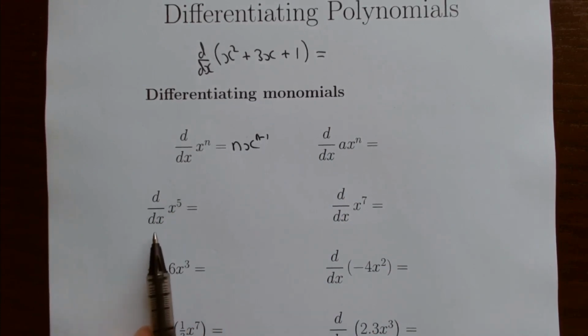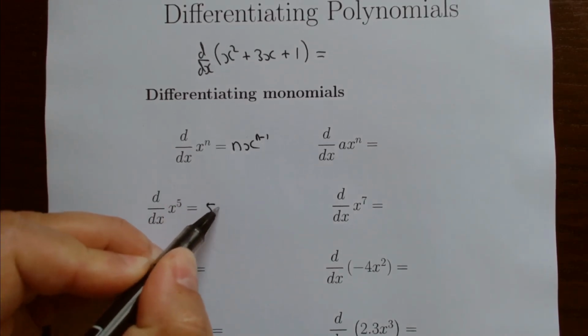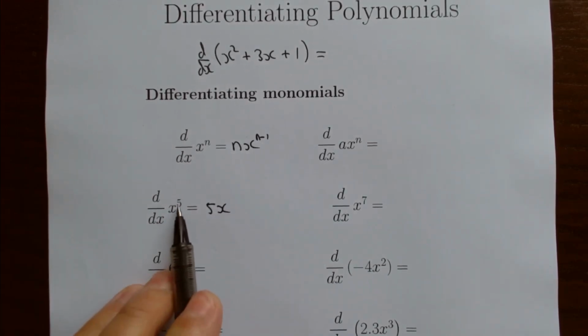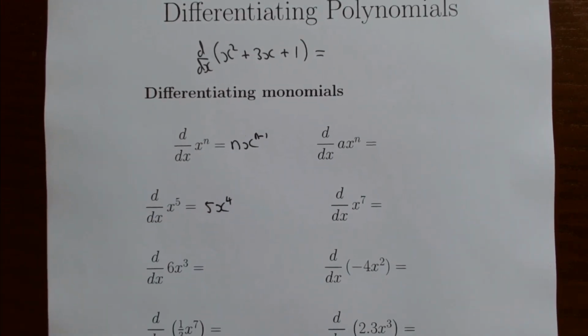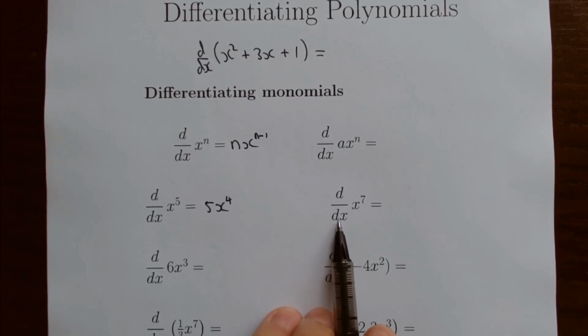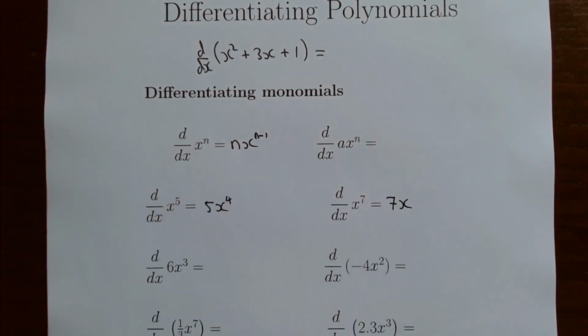So as an example, if you want to differentiate x to the 5, the 5 comes down, and then you minus 1 off the power, becomes a 4. Okay, and if you want to differentiate x to the 7, the 7 comes down, and minus 1 off the power, the 7 becomes a 6.